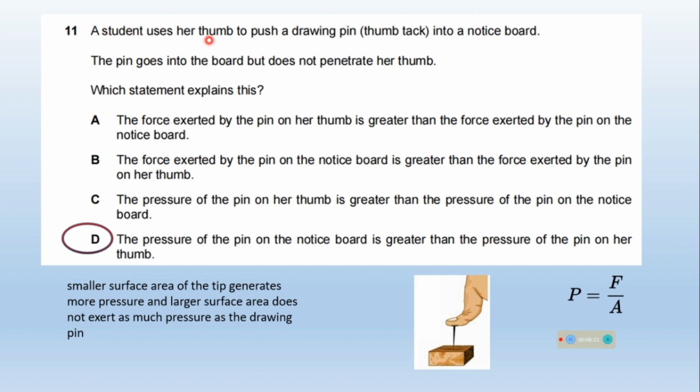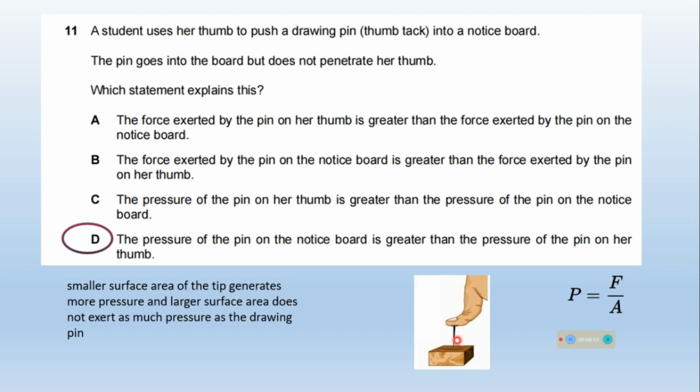A student uses her thumb to push a drawing pin into a notice board. The pin goes into the board but does not penetrate her thumb. Which statement explains this? Here we should understand that pressure is equal to force per unit area. The tip has a smaller surface area, and a smaller surface area generates more pressure, while the larger surface area does not exert as much pressure.